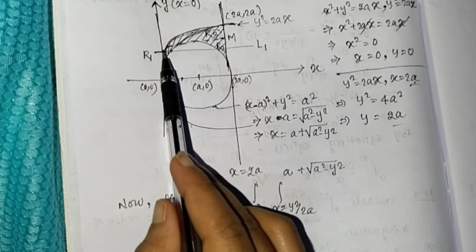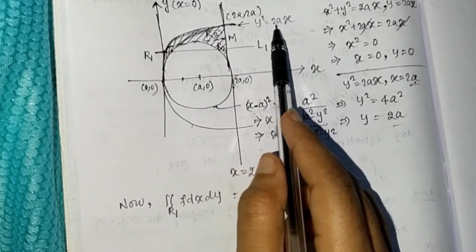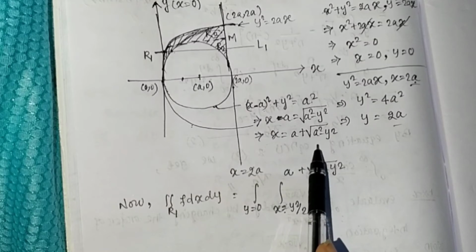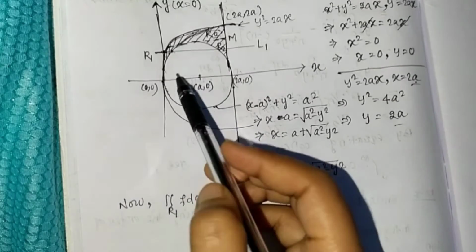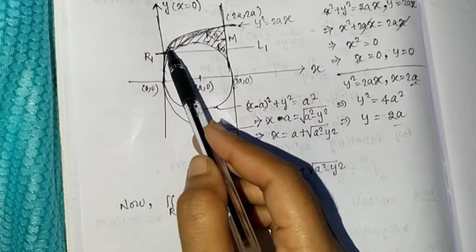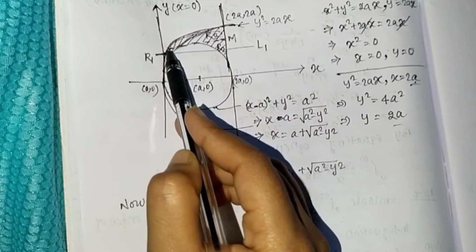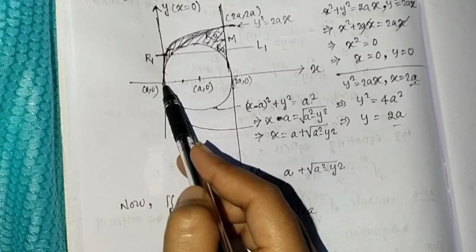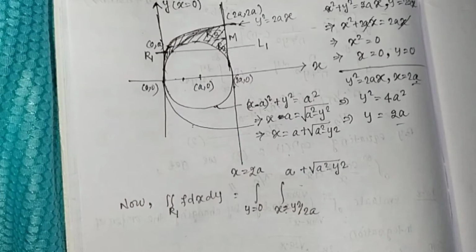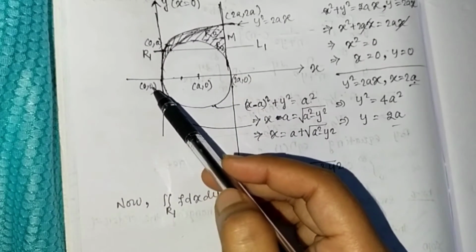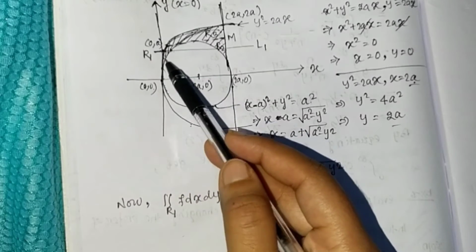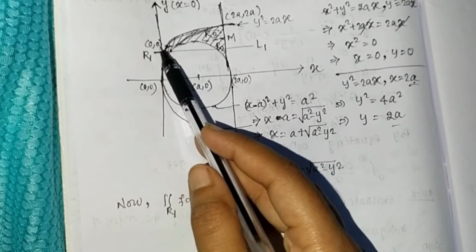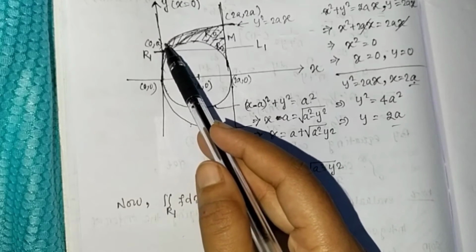So our x limit is from y square by 2a to x equal to a plus root of a square minus y square, then our y limit is from this to this. So our y limit is from 0 to a, as the radius of the circle is a and here we intersect the point, so this is our (0, a) point.